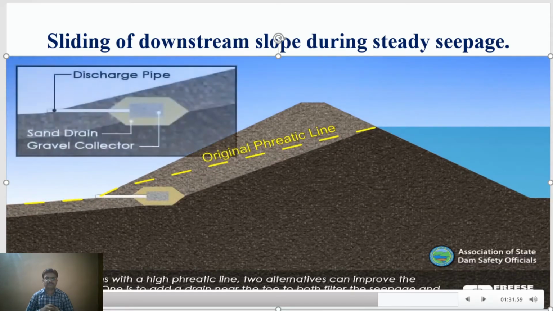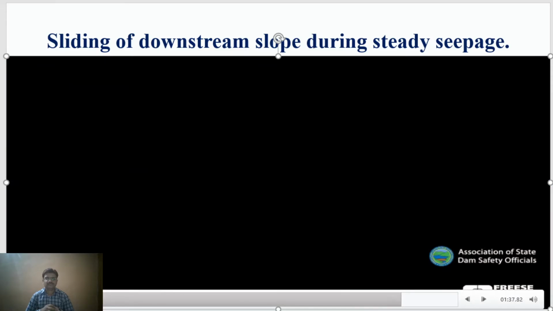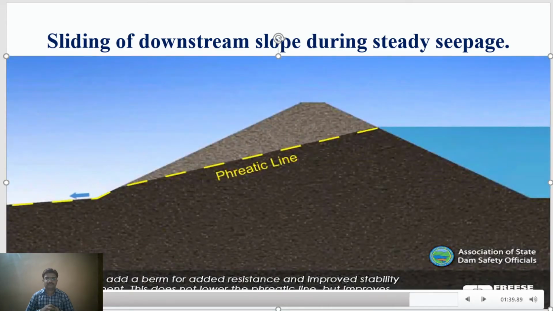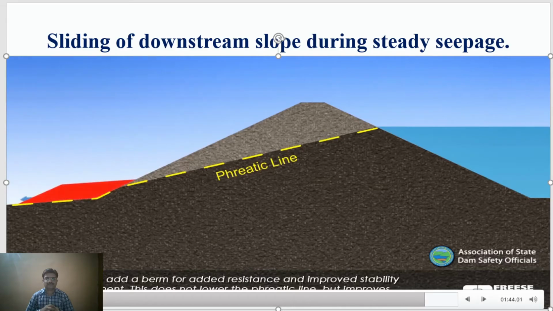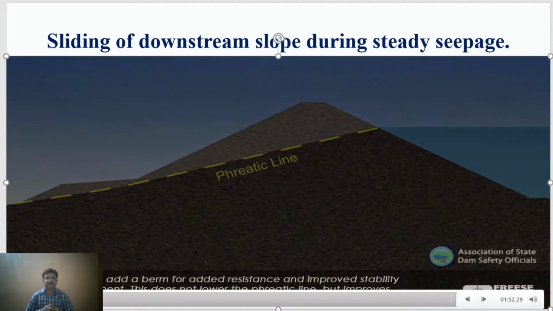One is to add a drain near the toe to both filter the seepage and lower the phreatic line through a controlled release of the seepage. The second is to add a berm for added resistance and improved stability of the embankment. This does not lower the phreatic line, but improves the dam's stability by adding weight to prevent slides in the embankment.